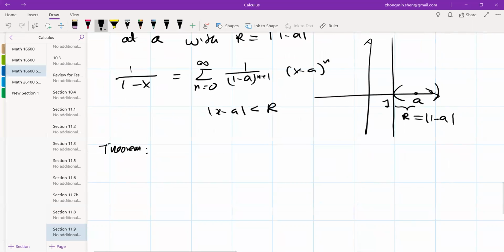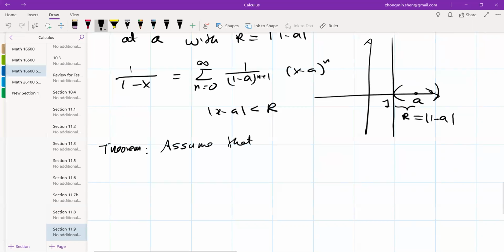It says that, let me state this slightly differently.